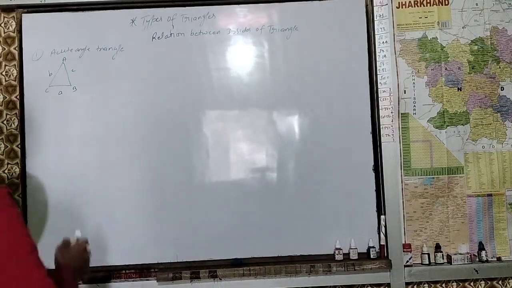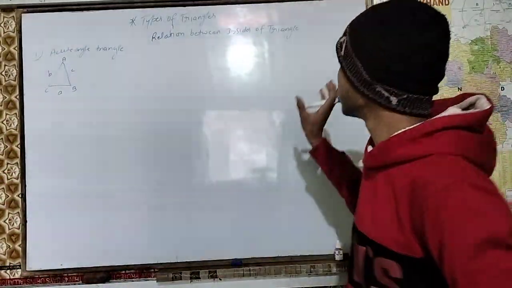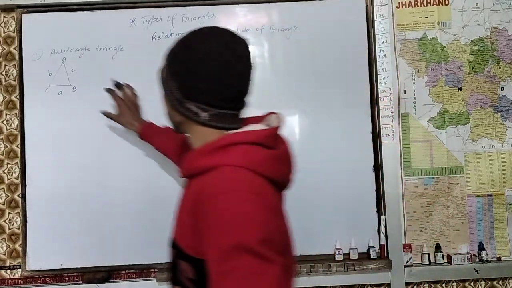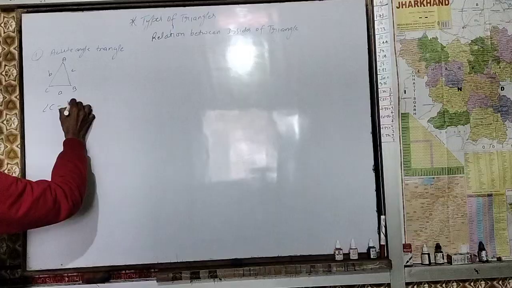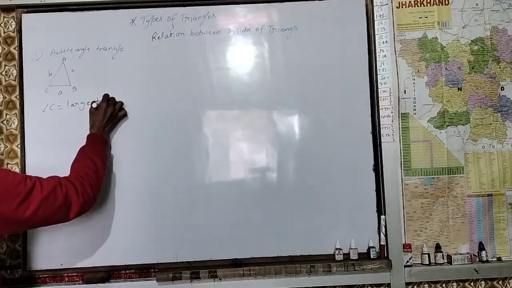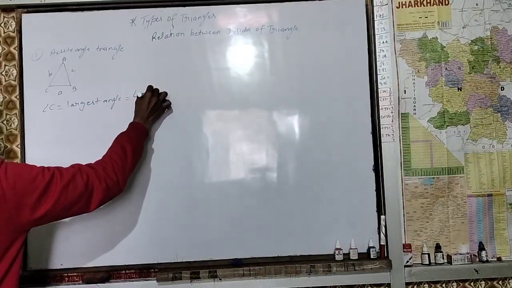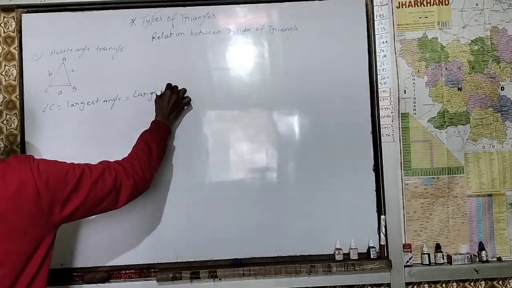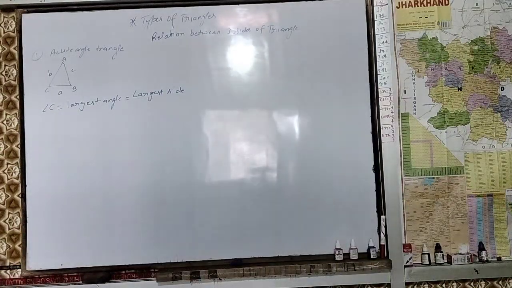We are understanding a relation between three sides of a triangle. If angle C is the largest angle, we know this is also the largest side, in front of this angle. This is C. Got it?